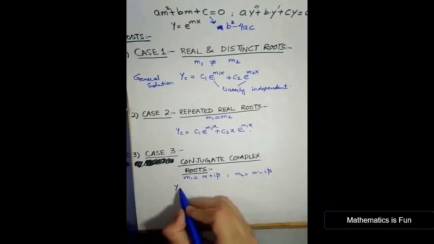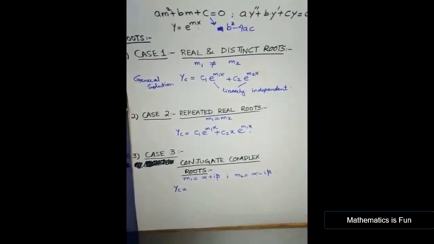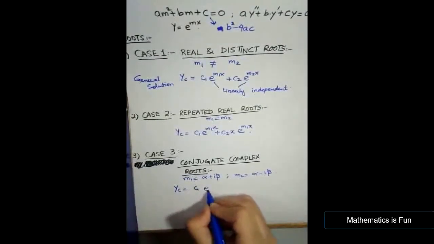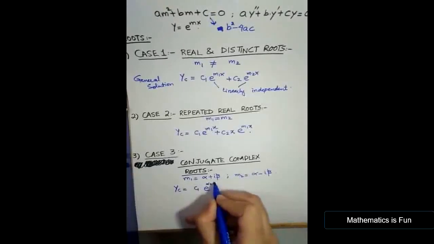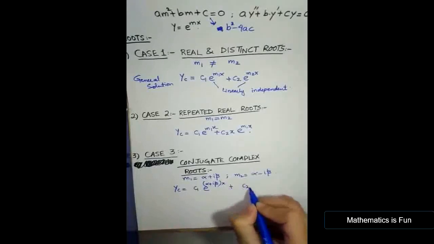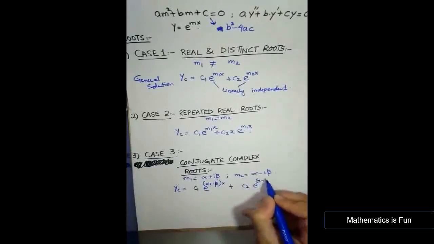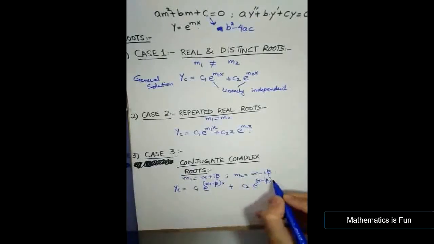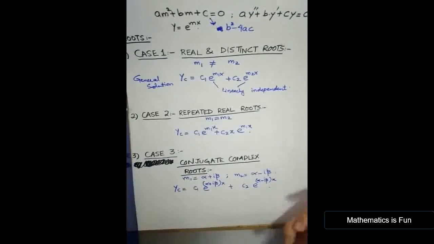I'm writing it directly: c1 e to the power m1 x, just substitute it, alpha plus iota beta into x, plus c2 e to the power alpha minus iota beta into x, m2 x basically.